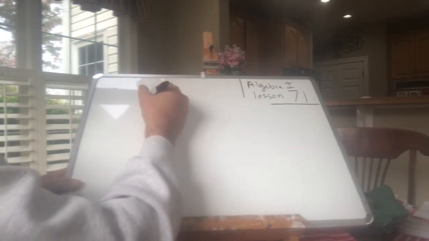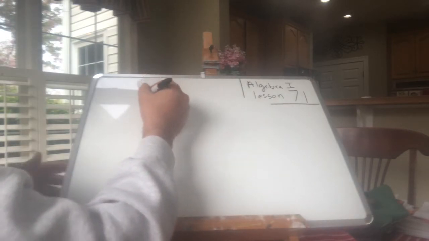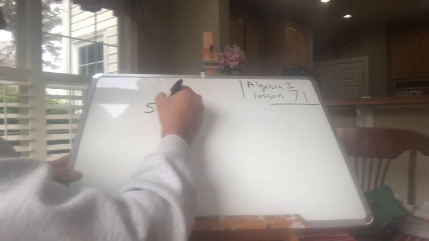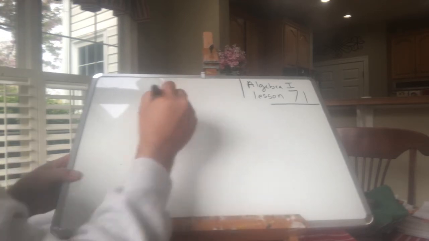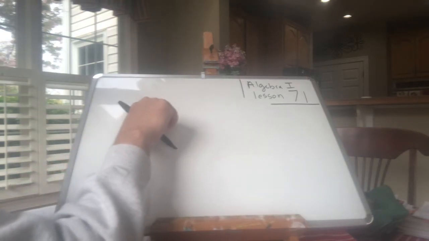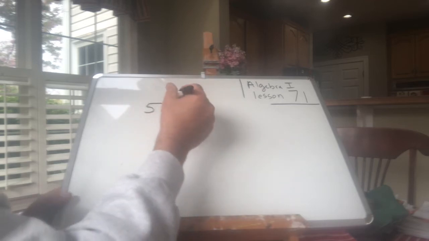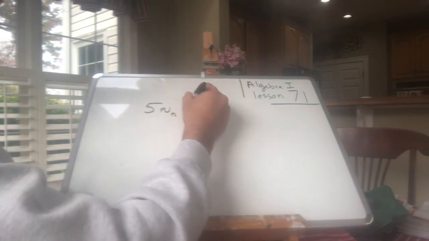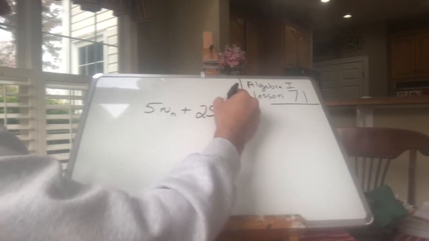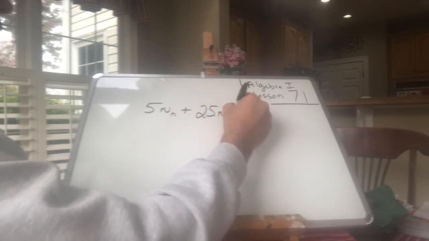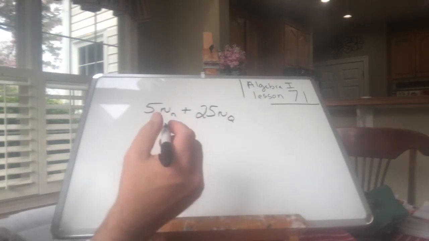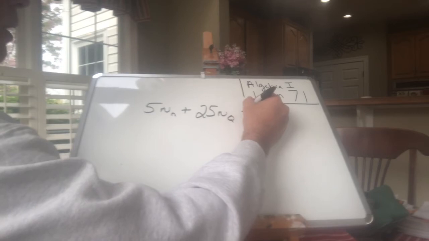And they're talking about subscripted variables. 5 n, and then they put another n right there. And what they're talking about is 5 times the number of nickels plus 25 times the number of quarters equals 290.